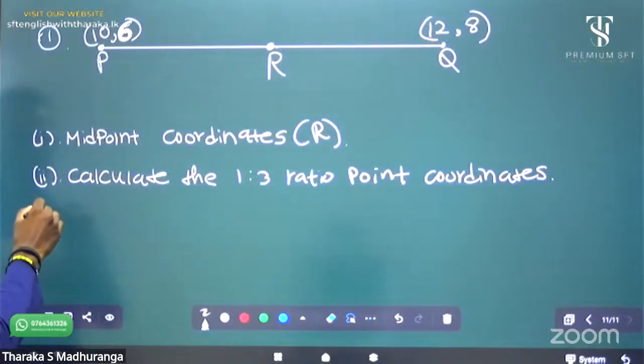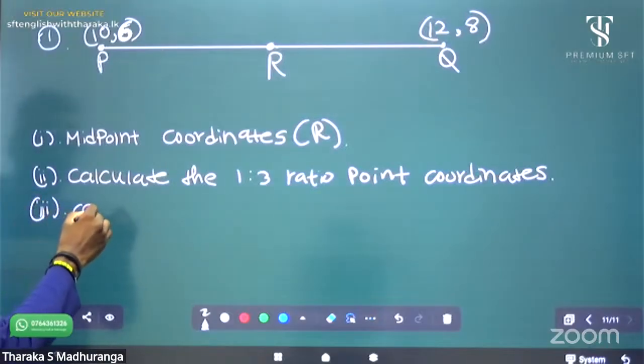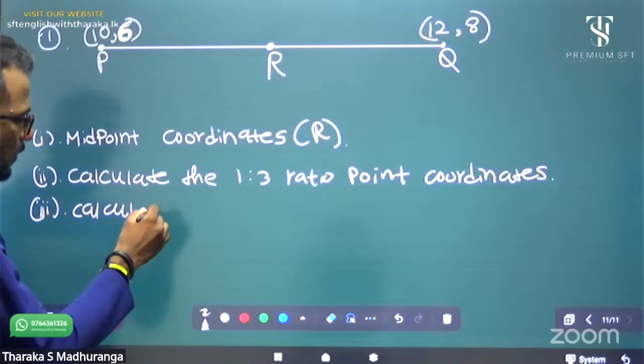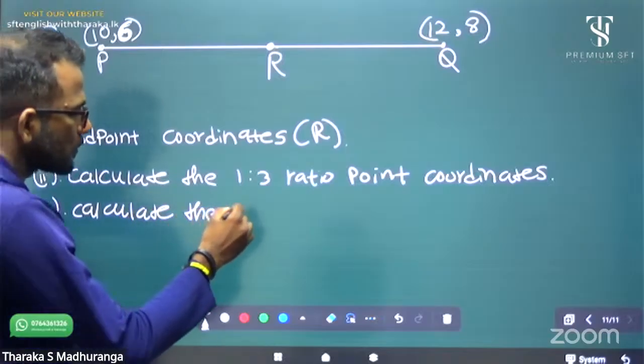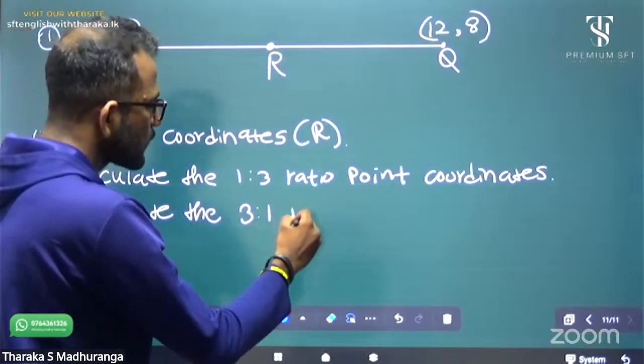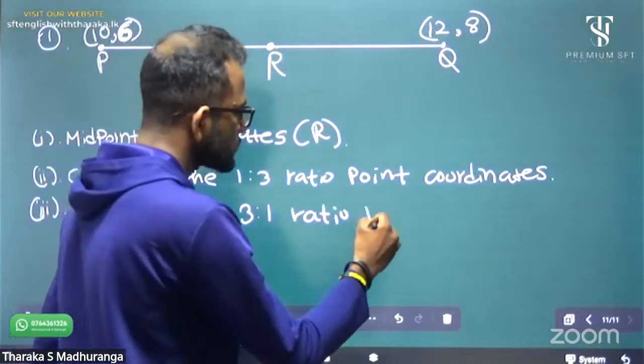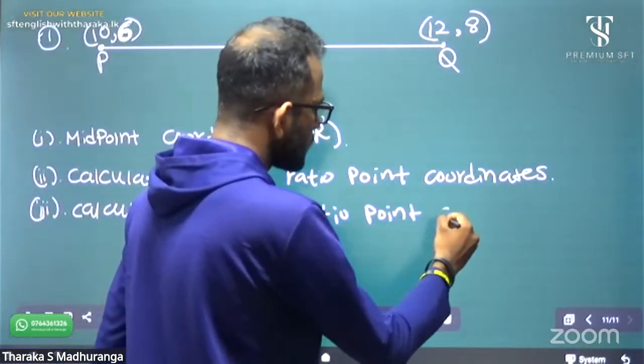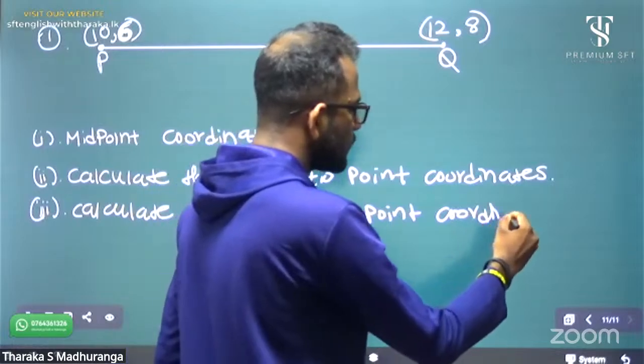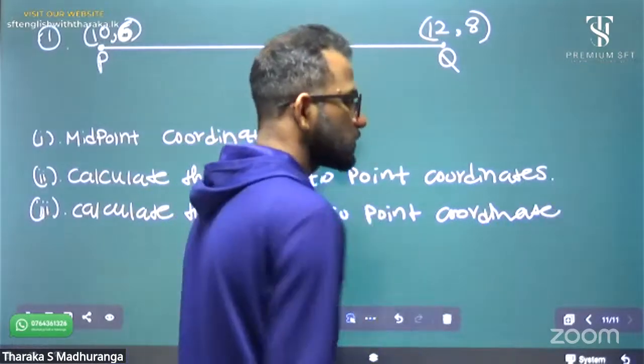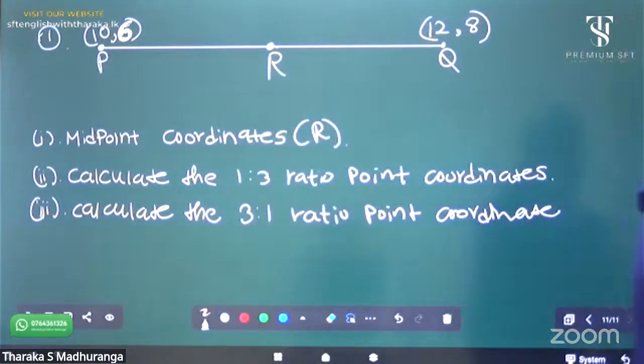Third subpart: calculate the 3 to 1 ratio point coordinates. Okay, quickly calculate this. Take only 1 minute, 2 minutes.